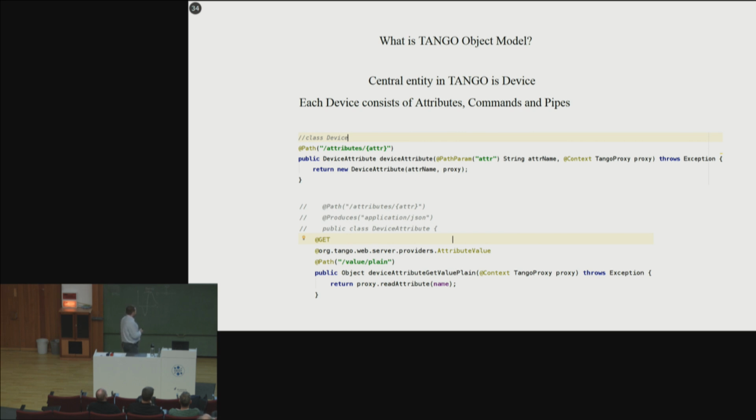And if we want to read the value from the attribute, we simply make a proxy call. Again, I would like to highlight this single line, because otherwise it would be this bunch of code, you remember, if not for the facade API. It's a very elegant and nice solution, and it helps us keep the code very clean and understandable, because if you know the concept of Tango, you can easily recognize what is going on in the code of our web server.